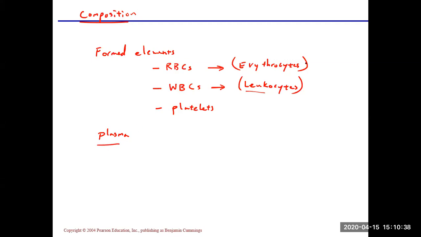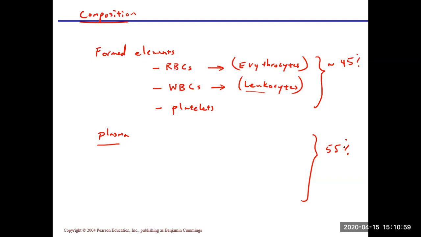The formed elements make up about 45%, and the plasma is about 55%. Together they make up 100%.